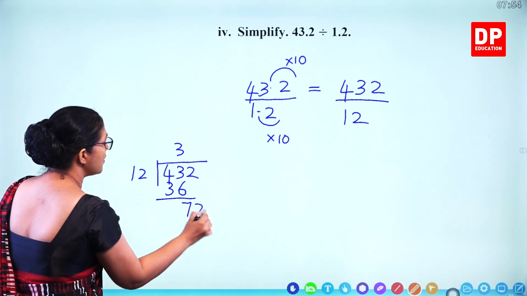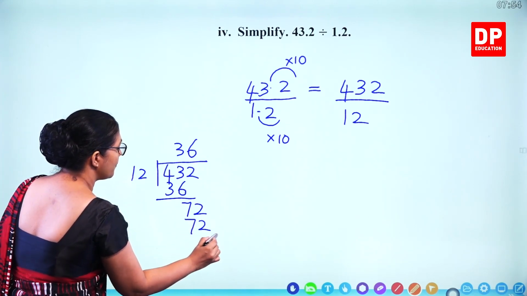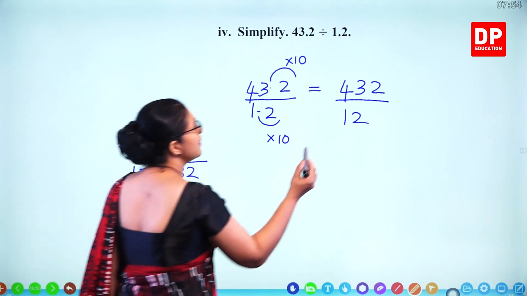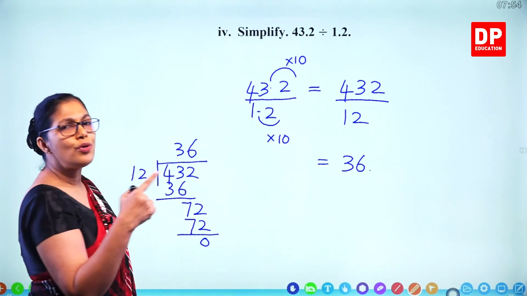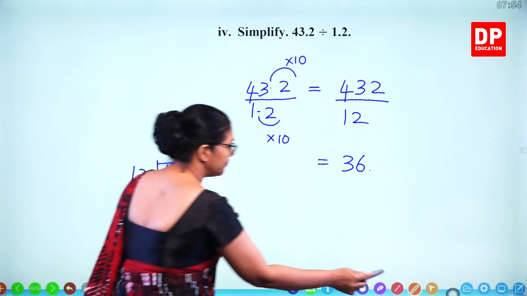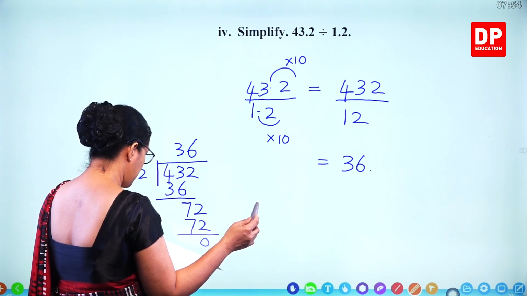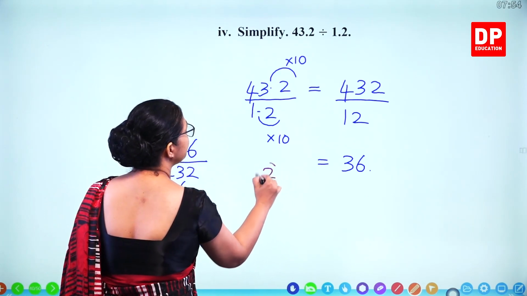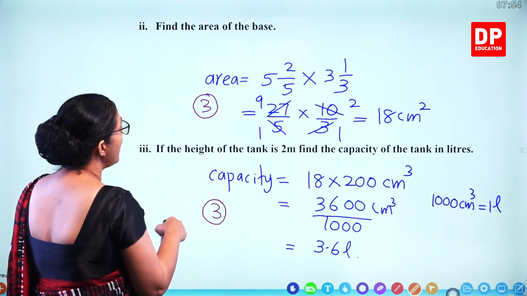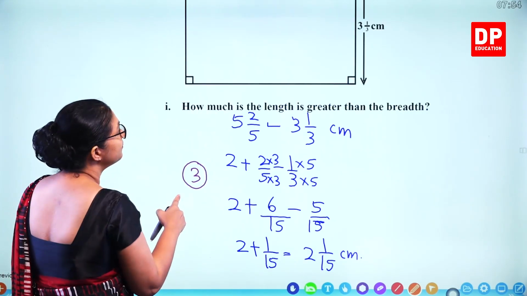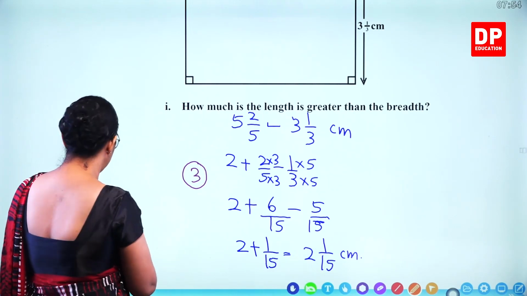And you get 72. That's 12 times 6, 72. So what's the answer? 36 is the answer when you divide. You are getting 2 marks for that. So 2 here and 6, 8 and 3, 11 marks.